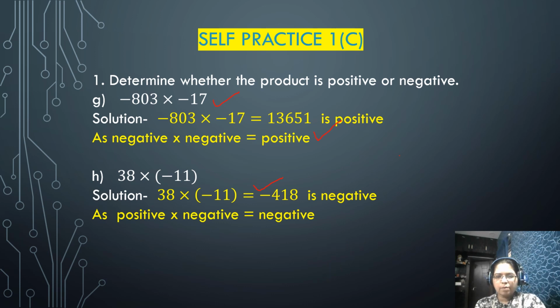Using this mental multiplication, you can multiply any number with 11. This is an easy and simple trick. So we get 38 multiplied with minus 11 equal to minus 418. And minus 418 is a negative integer.